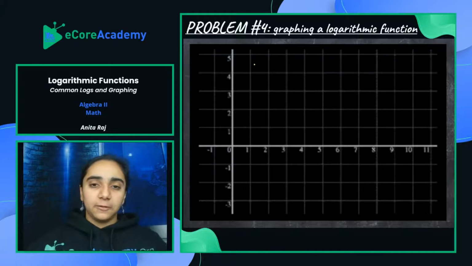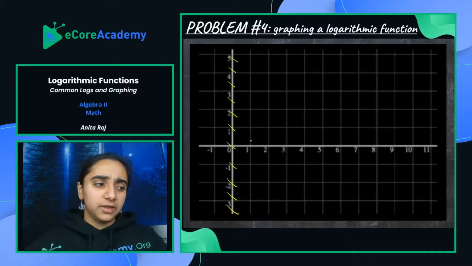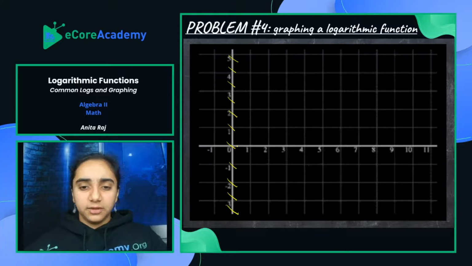As we said before, we have our vertical asymptote at x equals 0, which is the y-axis, so that's where I'm going to put this hashed line, just so I know that even when I sketch my graph, I cannot cross this line or my graph is incorrect. Our first point that we found was the point (1/9, -2). So 1/9 would be over here if I approximate it, and then -2 is down here.